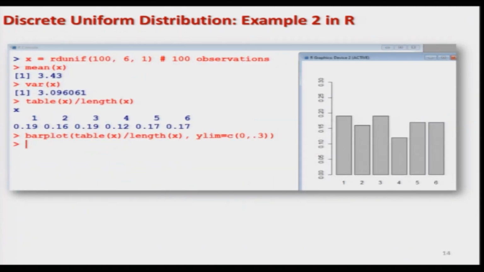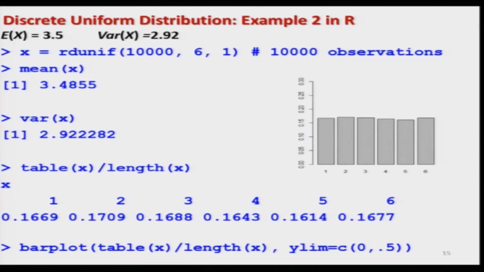Now we repeat this experiment. This is the screenshot, and we now draw 10,000 observations for the same example. You can see that the mean is coming out to be 3.48 and the variance is coming out to be 2.92, very close to the true values. If you compute the relative frequencies, that will give you an idea about the theoretical probabilities.